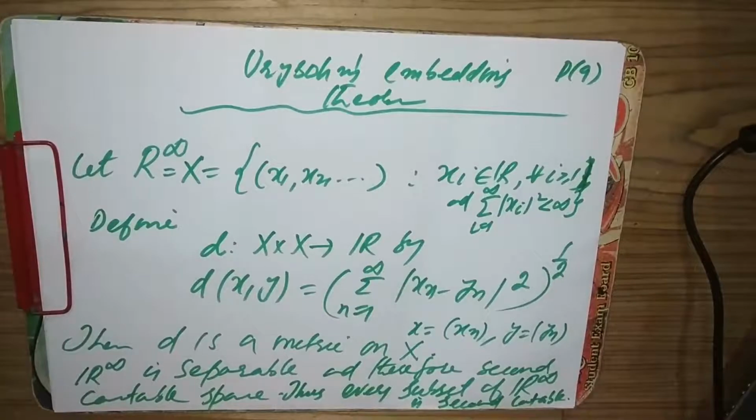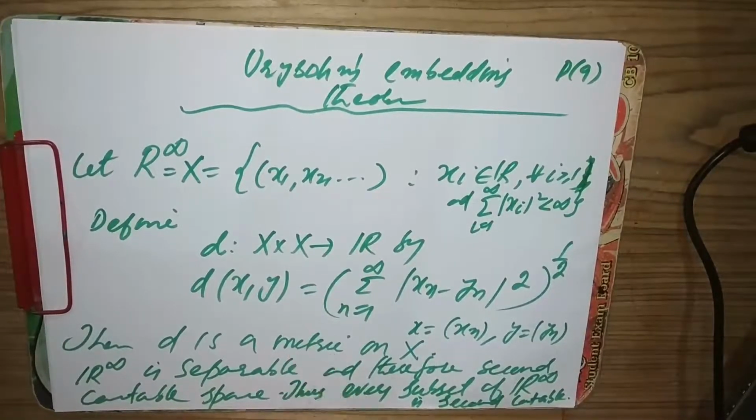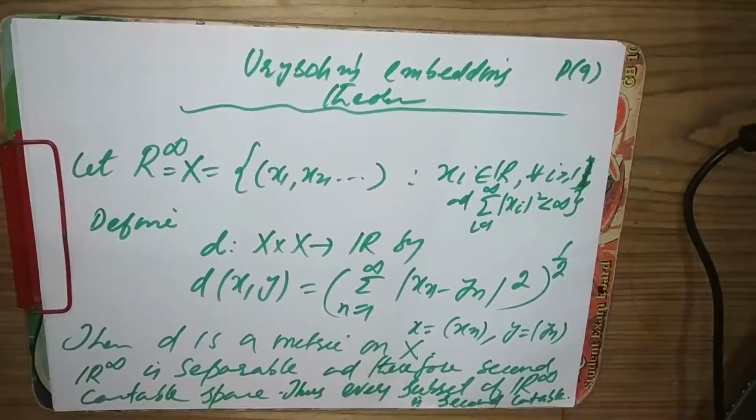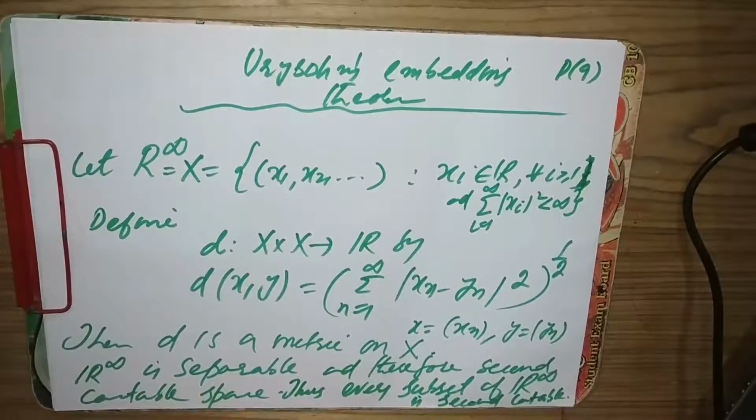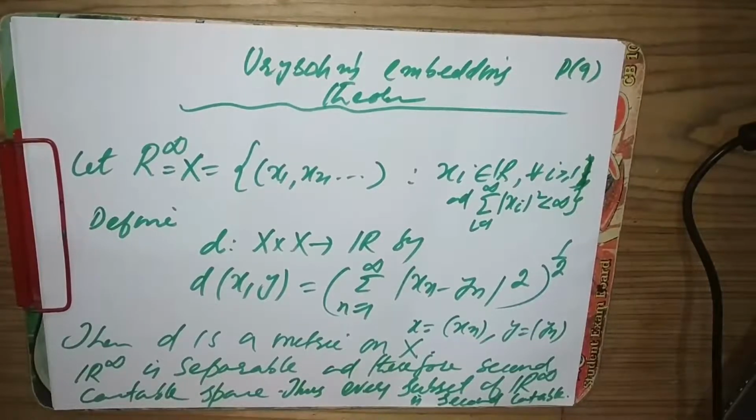So what is actually Urysohn's embedding theorem? We know that not every topological space is metrizable.